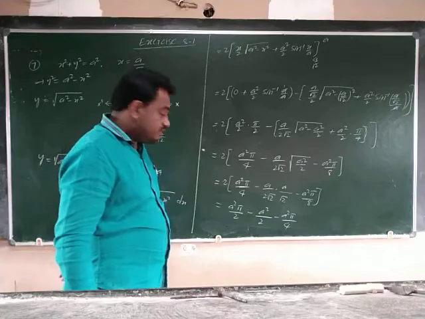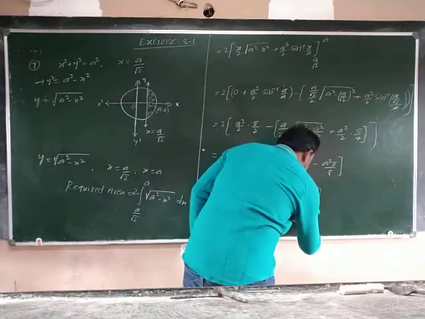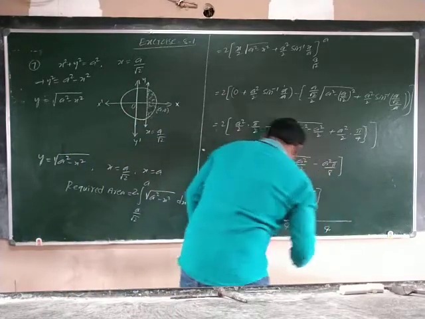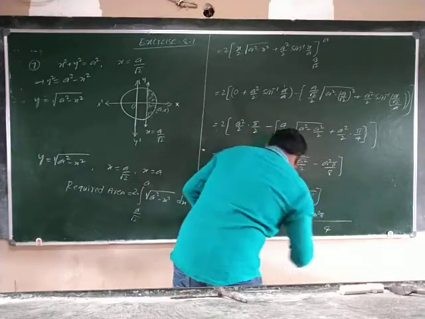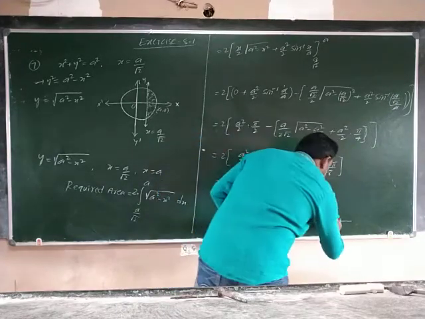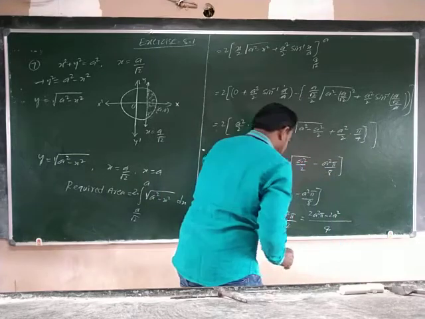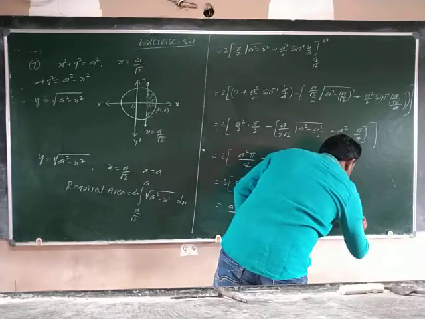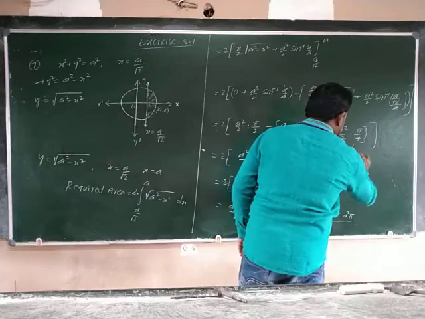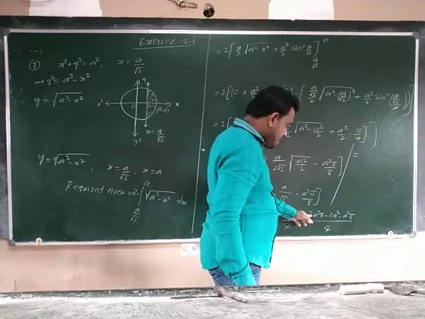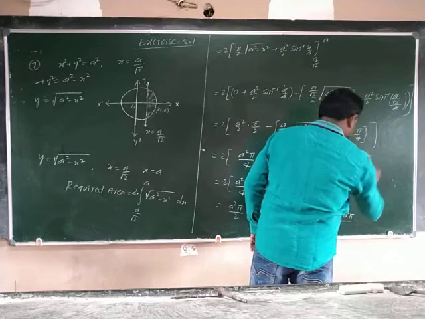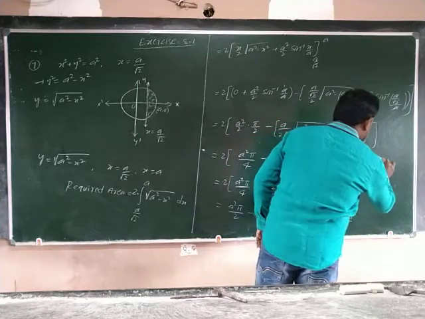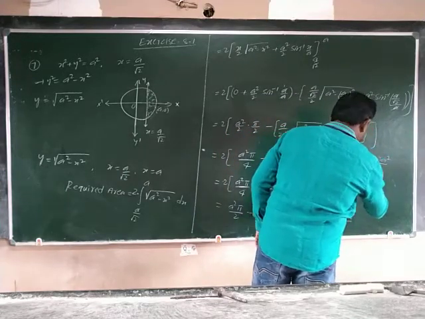Okay. Now what is the LCM? 4 is the LCM. So 2 times 2a square pi, here 2 times minus 2a square minus a square pi. So this is equal to 2a square pi minus a square pi, a square pi only, minus 2a square by 4.